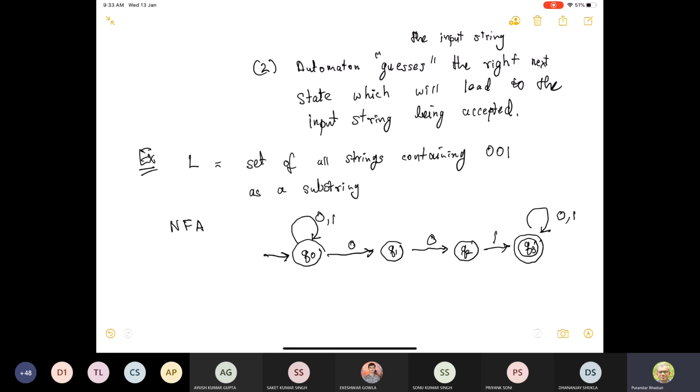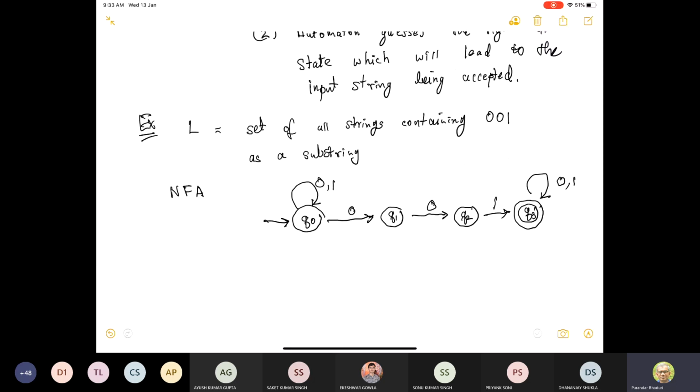The other way to think of it, and you'll often find this language in books because this is very convenient, is to say that at some point, when the automaton sees a zero, it guesses that this particular zero will be followed by another zero and then a one. So instead of remaining in the same state, it moves from Q0 to Q1, and Q1 to Q2 later, and Q2 to Q3, okay?